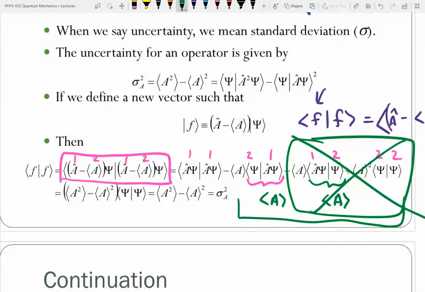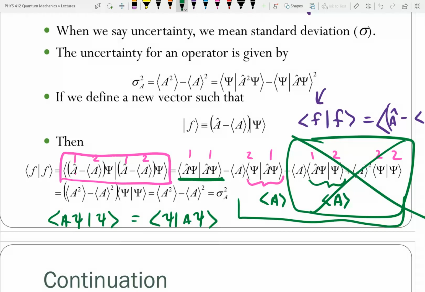And so that's equal to, this here is going to be the expectation value of A squared, because just to make sure we're clear, the way that the Hermitian operators work, that equation is true, which is also one of your homework problems.